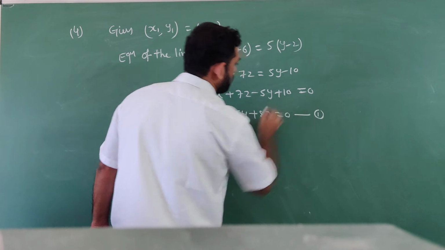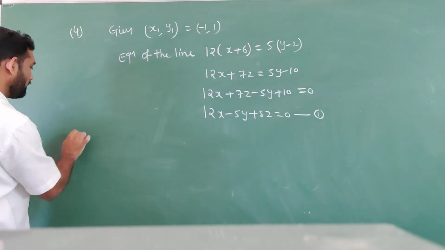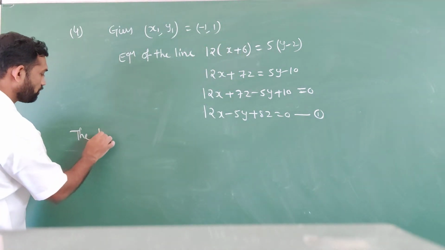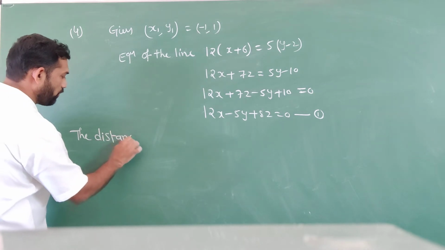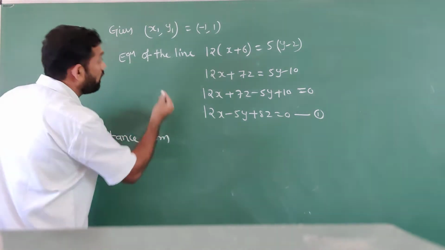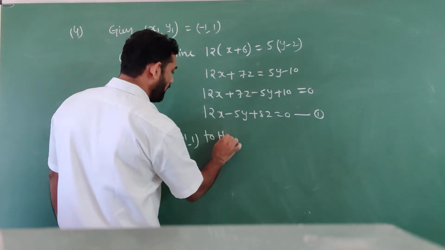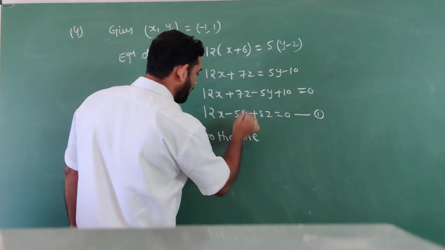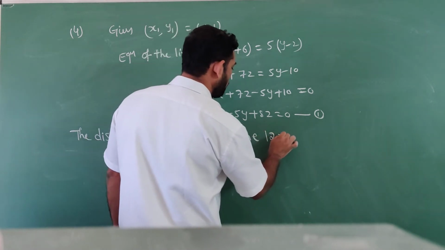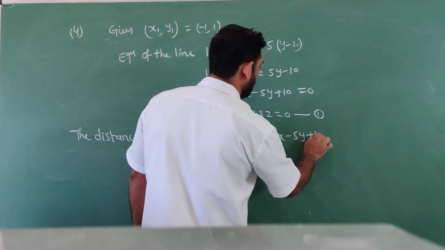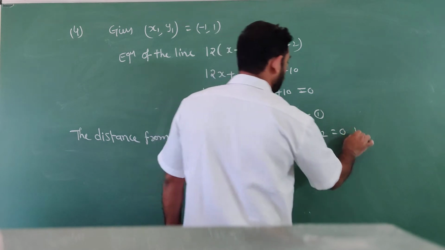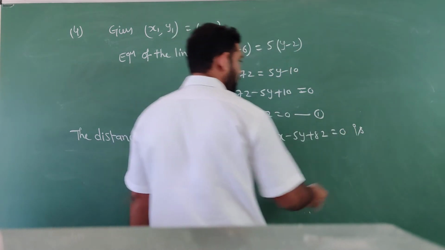This is the line equation. Now you write the formula. The distance from minus 1 comma 1 to the line 12x minus 5y plus 82 equal to 0 is, what is that?